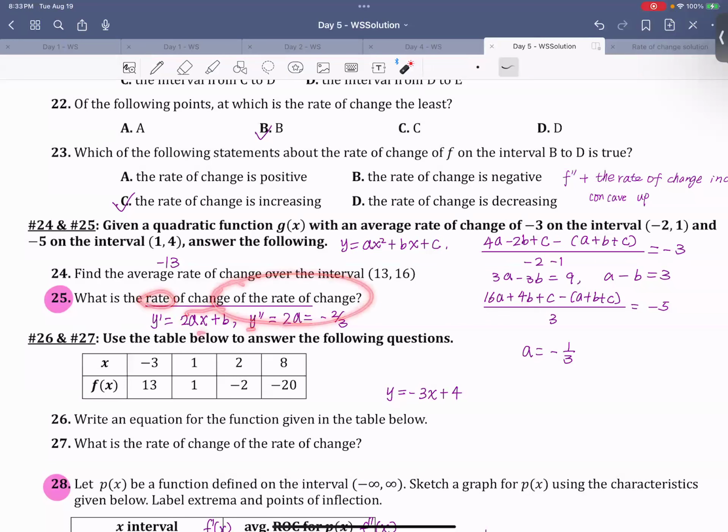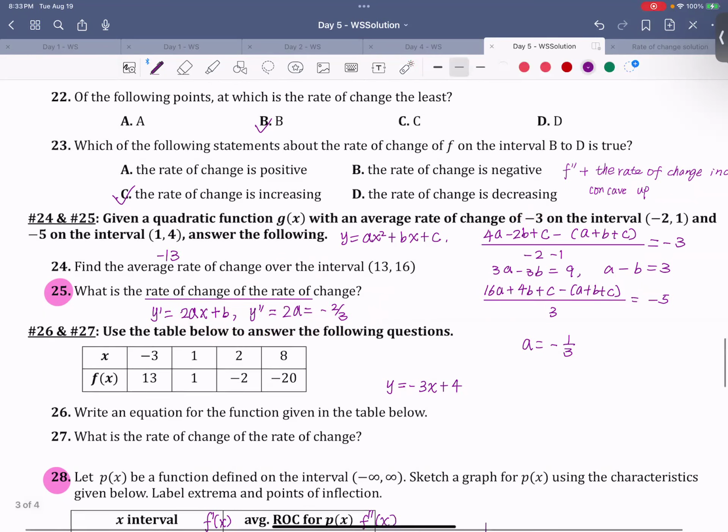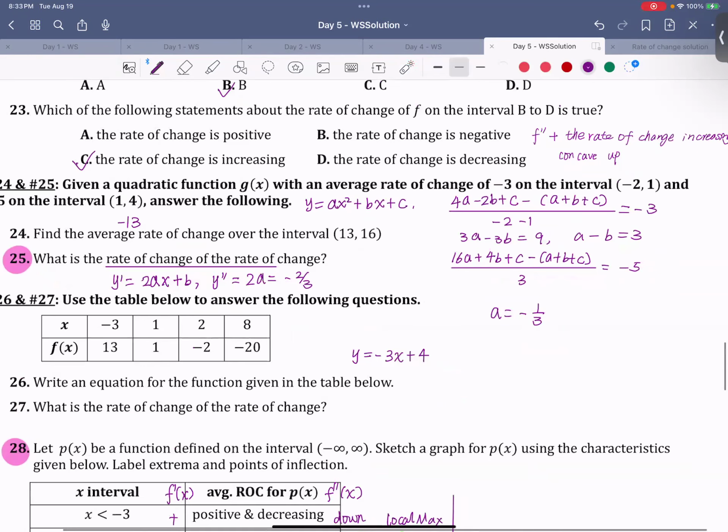Rate of change. So if you feel confused how to get this step, look at this. The rate of change is your y equals negative 1/3 x squared, and the negative 1/3 minus b equals 3.